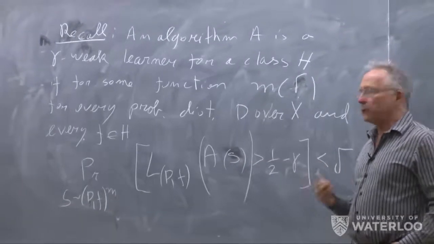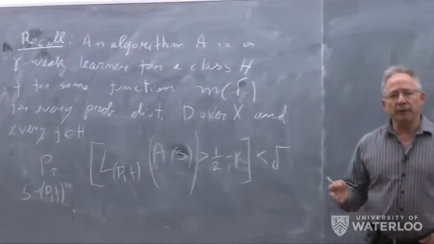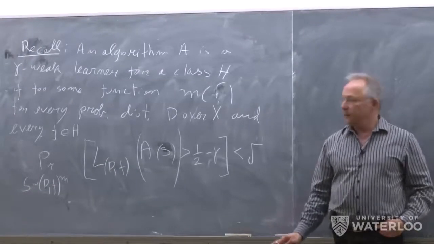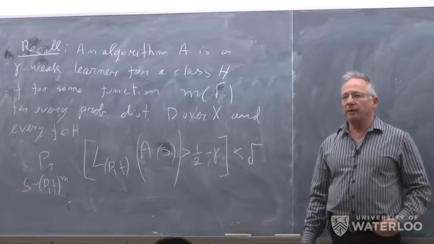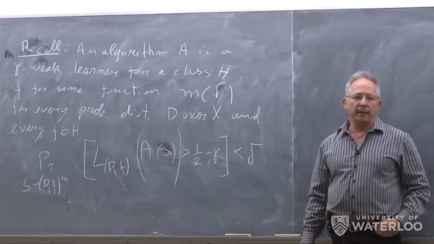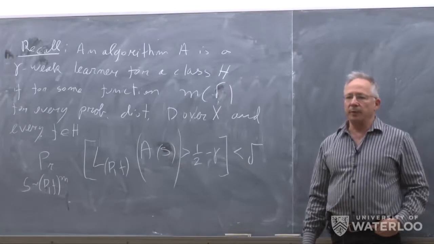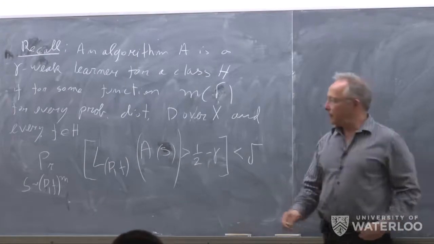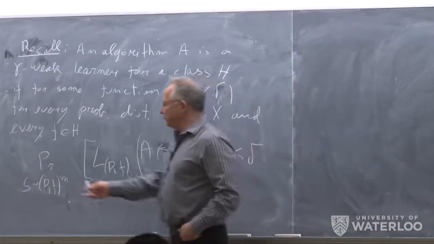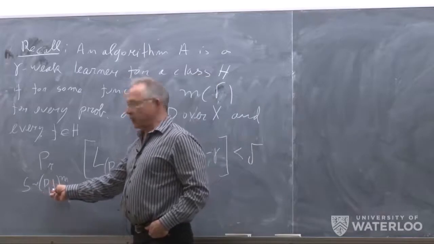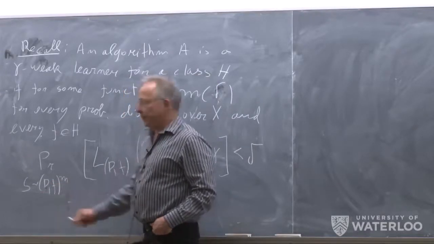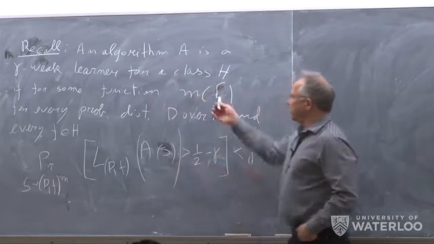So rather than talking about any abstract probability distribution P over X and the labels, here I only have a probability distribution over the domain X, and the labels are generated by some function from the class, because it is realizable.